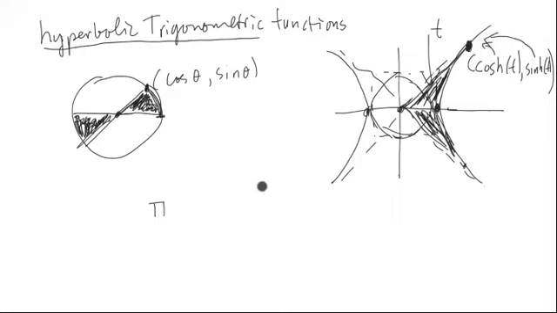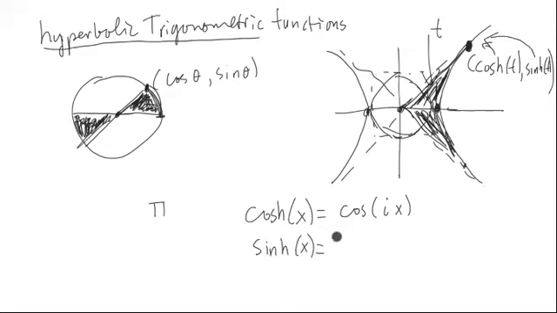Now, a nice way of describing what cosh and sinh are is as follows. I could say cosh of x is equal to cosine of i times x, where i is the square root of -1. And sinh of x is actually going to be equal to the derivative of this.